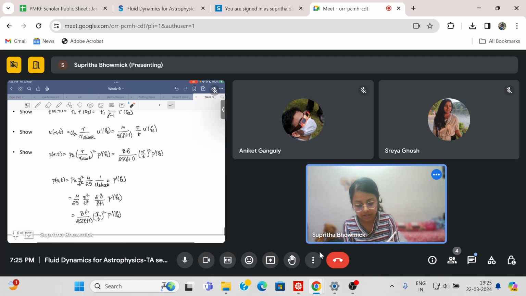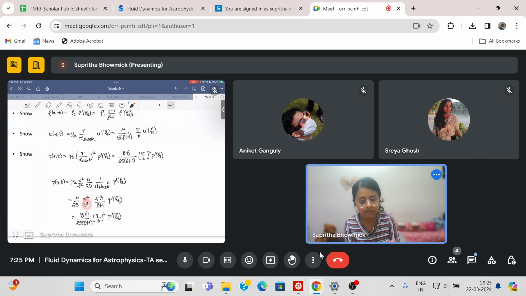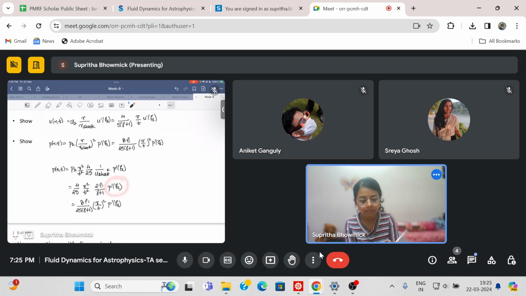I take a square of that to get 25 V shock square divided by 4, with a P2 by R square, and of course a t square, because this t goes over here. So there's a t square in the denominator times the dimensionless pressure. We combine everything to get this.